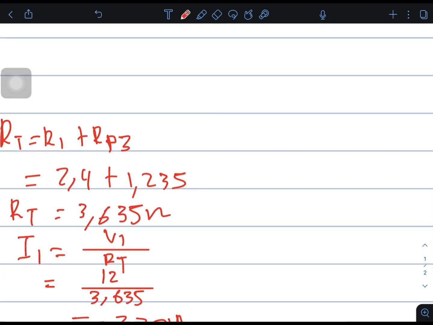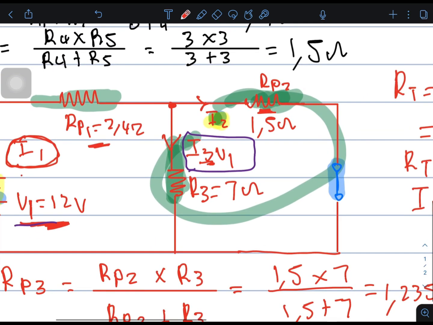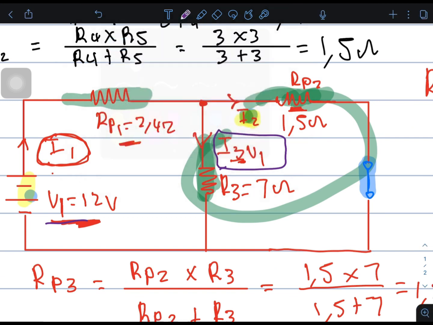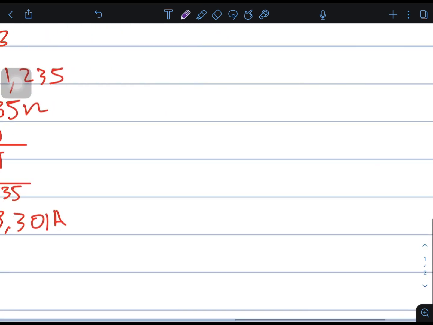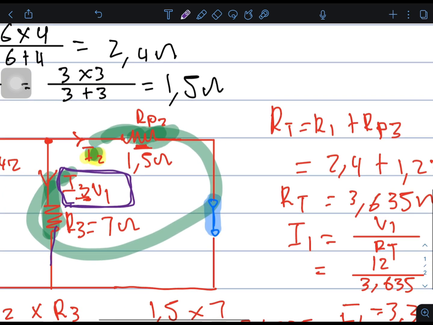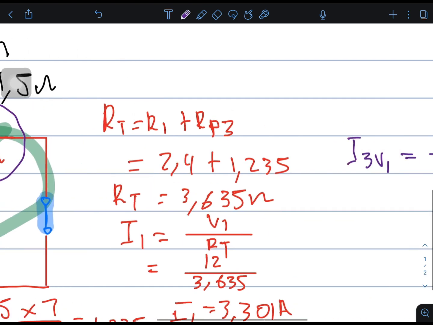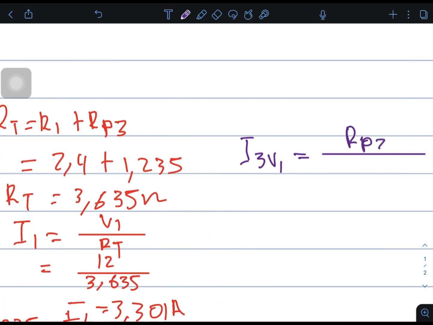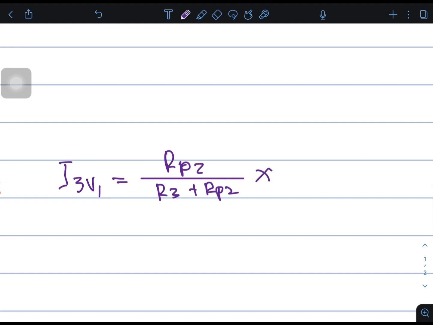Now that you have found this current, you notice that we can find the current I3 from V1 that is being contributed by the source in this branch. Using the current divider rule, I3V1 equals, remember, for the current divider rule we consider the resistance of the other resistor, R parallel 2 over R3 plus R parallel 2, times IT. IT is I1.